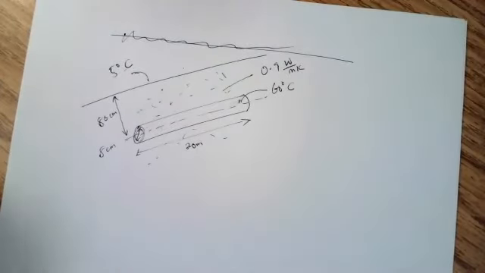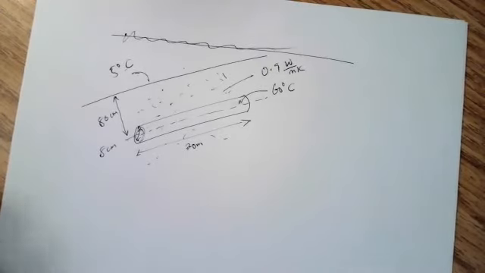However, this is a boundary layer problem. You have to be careful with the assumptions you make. There's a consideration that we have to make when we have boundary layer problems like this.